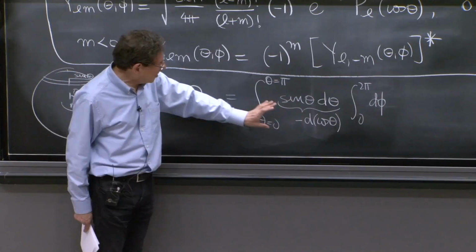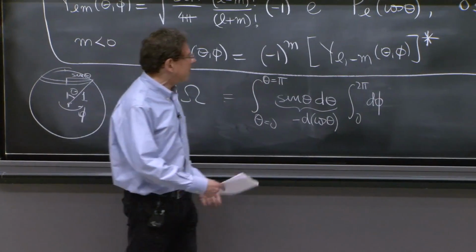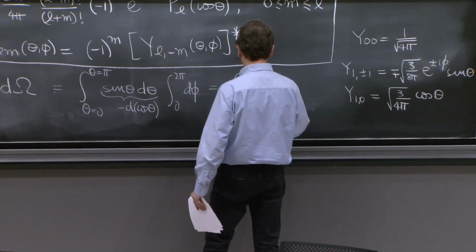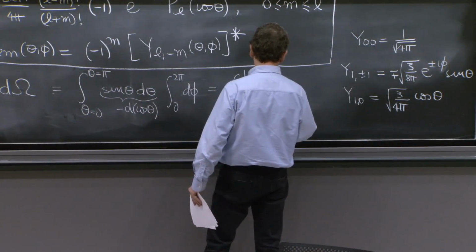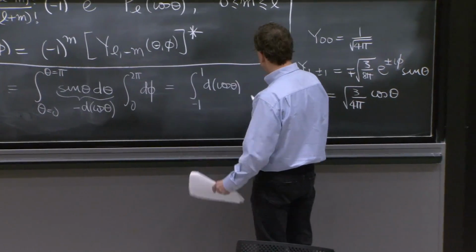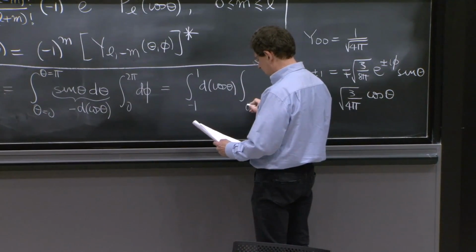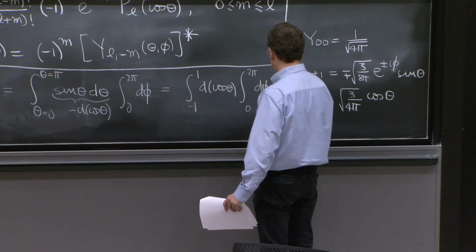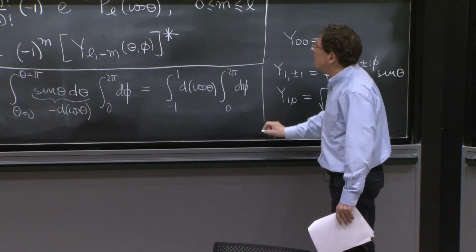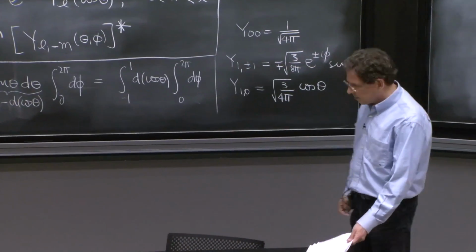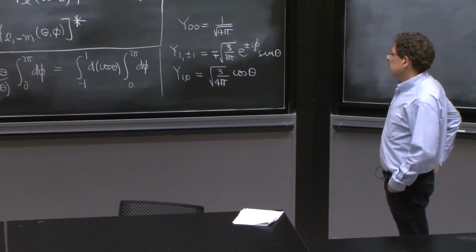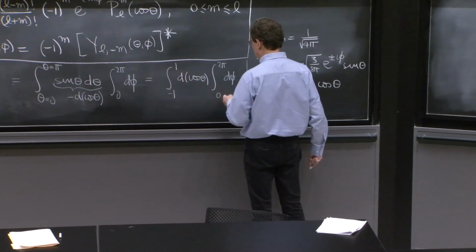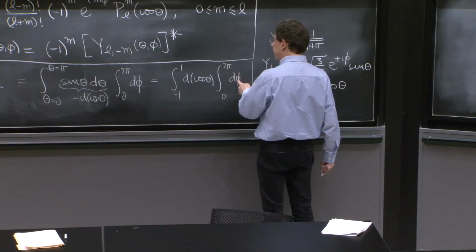But the minus and the order of integration can be reversed, so you have the integral from minus 1 to 1 of d cos theta, and then the integral from 0 to 2 pi of d phi. So this is the solid angle integral. You integrate d of cosine theta from minus 1 to 1 and 0 to 2 pi of d phi.